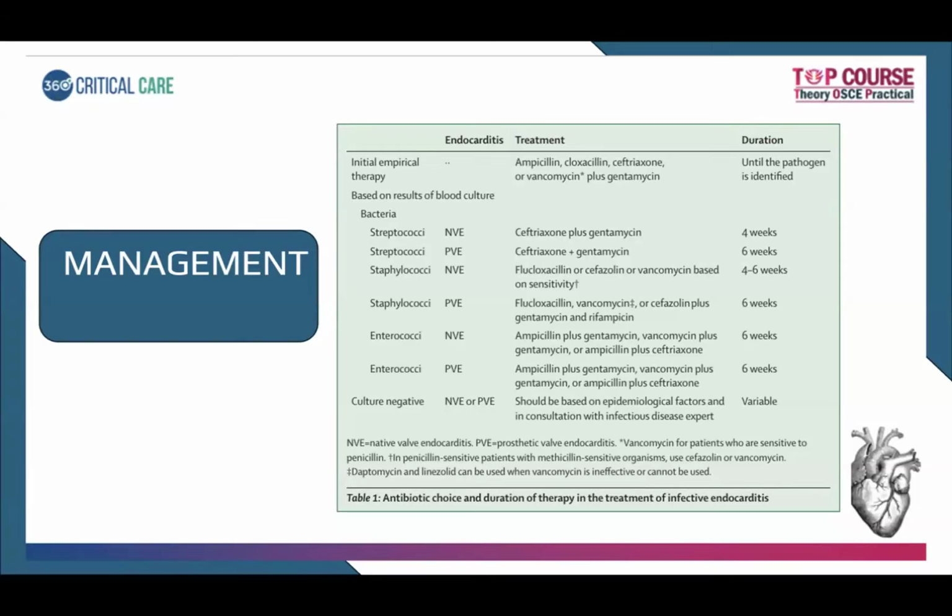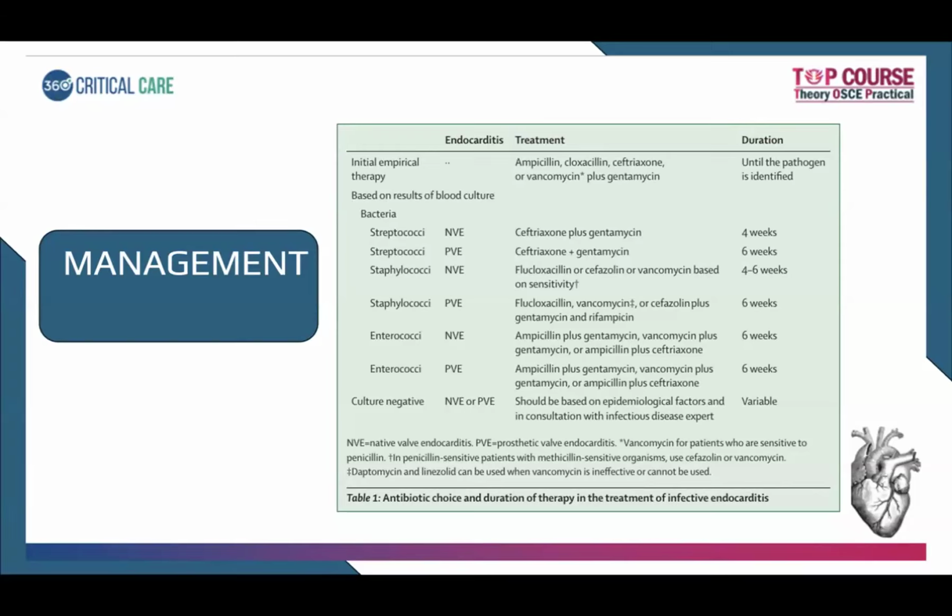In a culture negative case, it should be based on the epidemiological factors and which organisms are very common, or is there any indwelling device. Based on the epidemiological factors and the infectious disease report, we have to treat as per our hospital protocol. So I have put in 3 to 4 tables based on AHA guidelines and European guidelines.